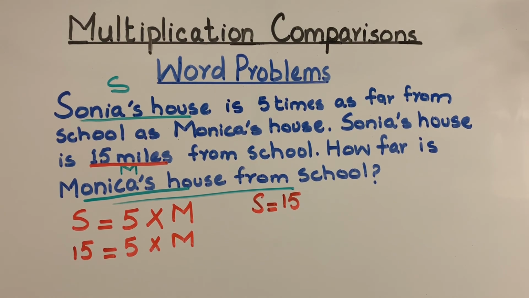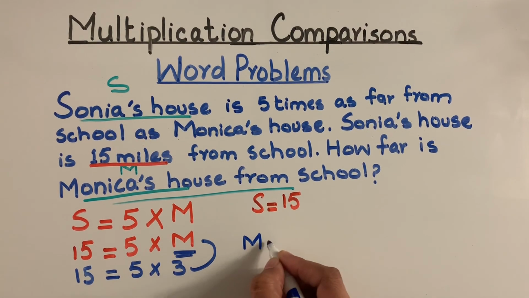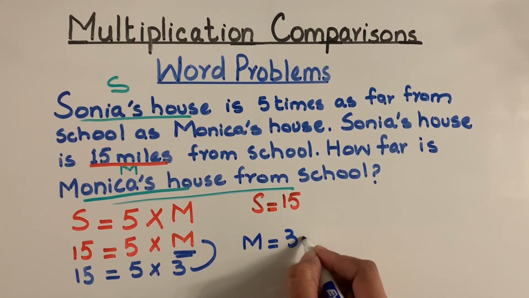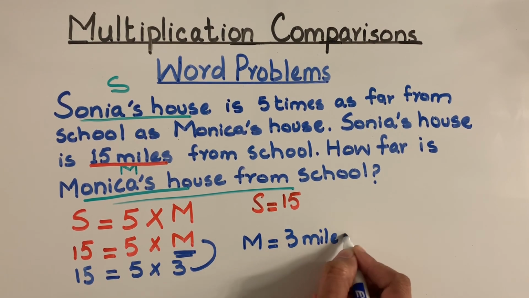So here we have to find the value of this M, Monica's house from school. Right, so let's think. The answer of this equation is 15. We all know 5 times 3 is equal to 15. This means Monica's house is 3 miles from school.